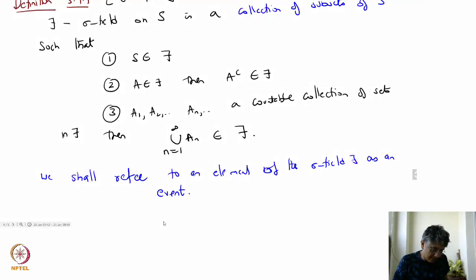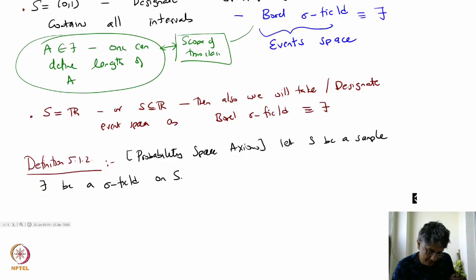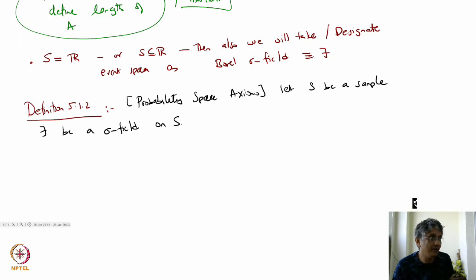So a sigma field should have these properties. And for any event A, I think of my events as just elements of the sigma field. So I'll define a probability on it.